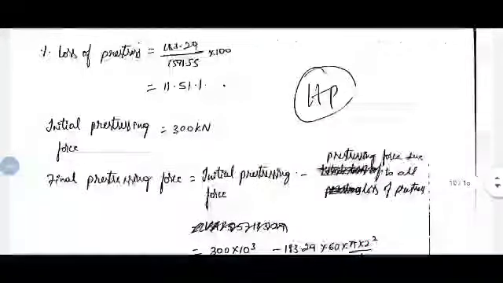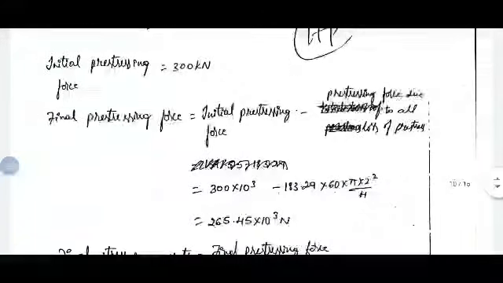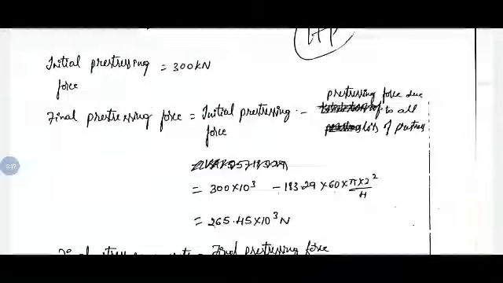Then initial pre-stressing force is 300 kilonewton. What is the final pre-stressing force? Initial pre-stressing force minus pre-stressing force due to all losses of pre-stress. So initial pre-stressing force you have applied, final pre-stressing force means the force which remained at the other end. So again the stress you have calculated, that you need to find out.